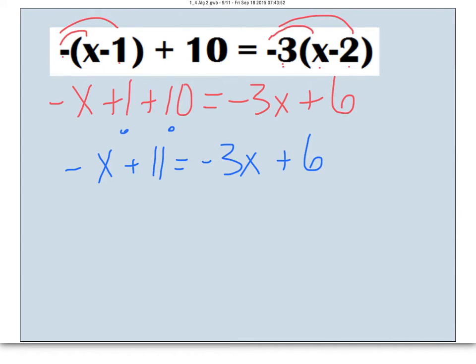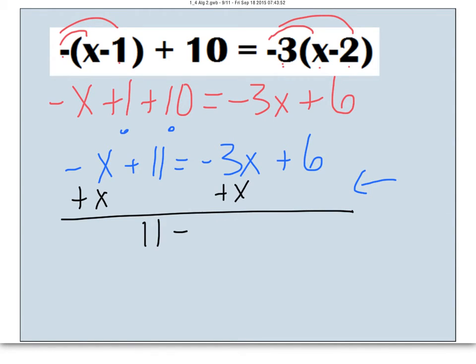This time I'm going to mix it up. I'm going to keep the x's on the right-hand side, so let me move the minus x over by adding x to both sides. That'll leave me with 11 equals negative 3x plus 1x is negative 2x plus 6. Now my x has to get by itself, and it's already over there, so I'm now going to move the 6.